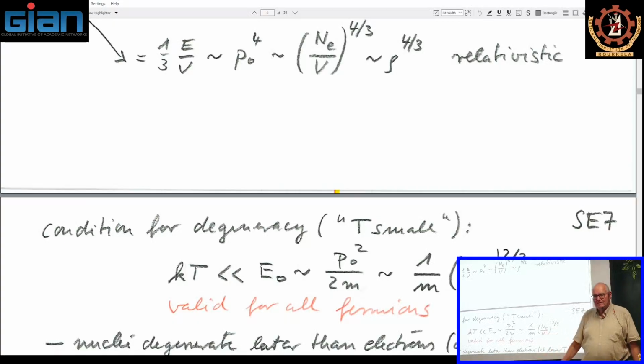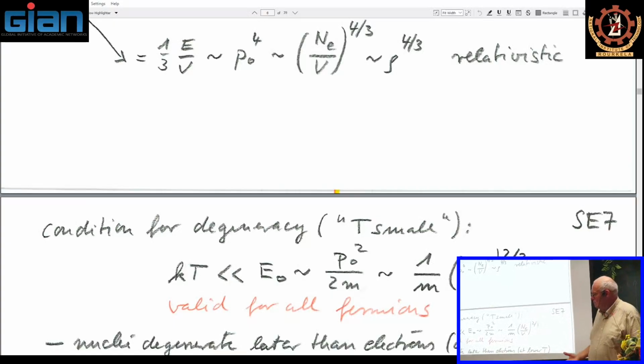The lightest particles we have in our stellar mixture are the electrons. So the first ones to degenerate are the electrons, and the nuclei are still non-degenerate because they are at least 1,000 times more massive than the electrons.